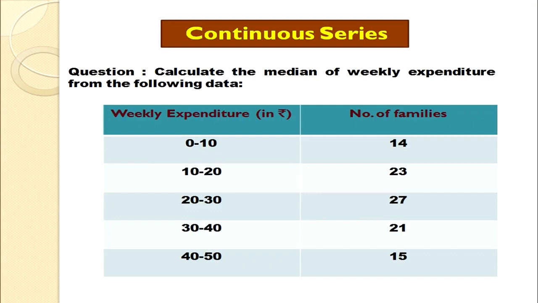Let's see with the help of a question how we are going to compute median in case of continuous series. In this particular question, as you can see, weekly expenditure is given to us: 0 to 10, 10 to 20, 20 to 30, 30 to 40, 40 to 50. Step 1, arrange the data in ascending order. It is already done, so we don't need to.